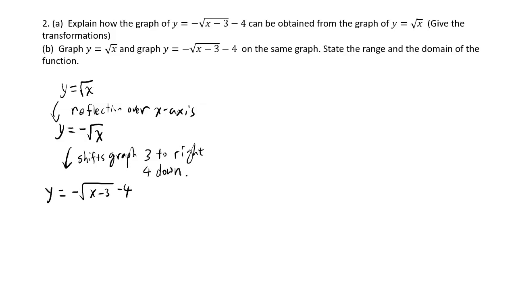Okay. So I've expressed the transformation from the original y equals square root of x to this complicated one as a combination of the following operations. You first reflect over the x-axis, and then shift 3 right, and then 4 down.